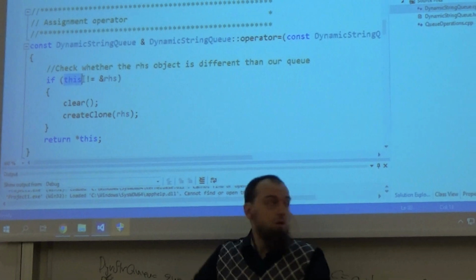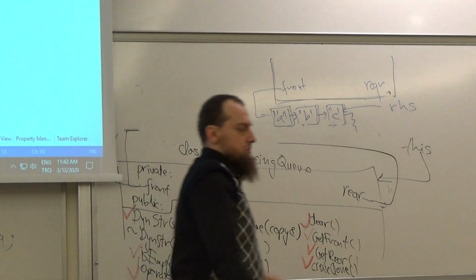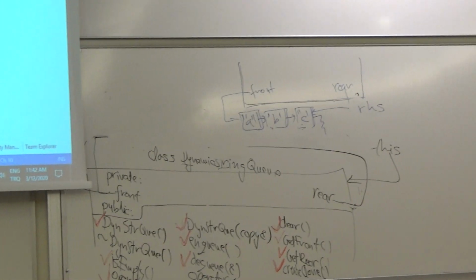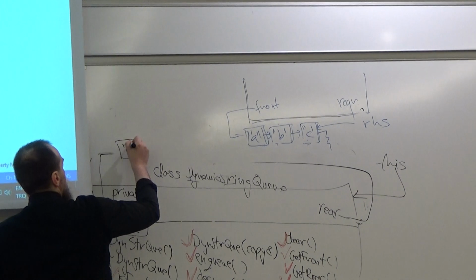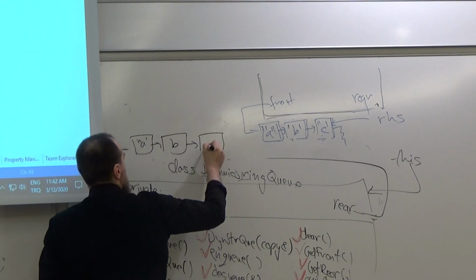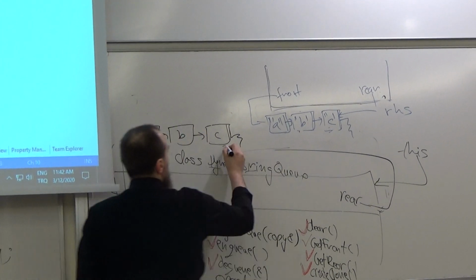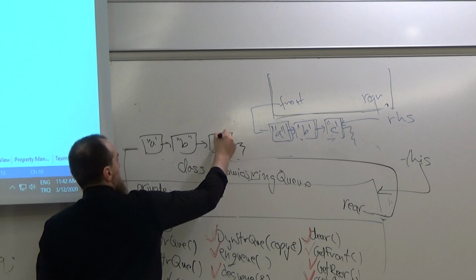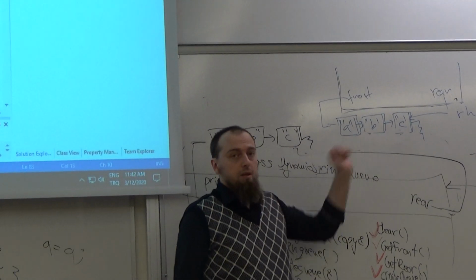And then I'm going to call the createClone function, taking the right hand side as parameter, and I'm going to make the clones. I'm going to clone it, so I'm going to have something like this. A, then B, then C. Of course, as strings. Okay, front is pointing here, and rear is pointing over here. This is operator equal. I'm making myself be equal to right hand side.